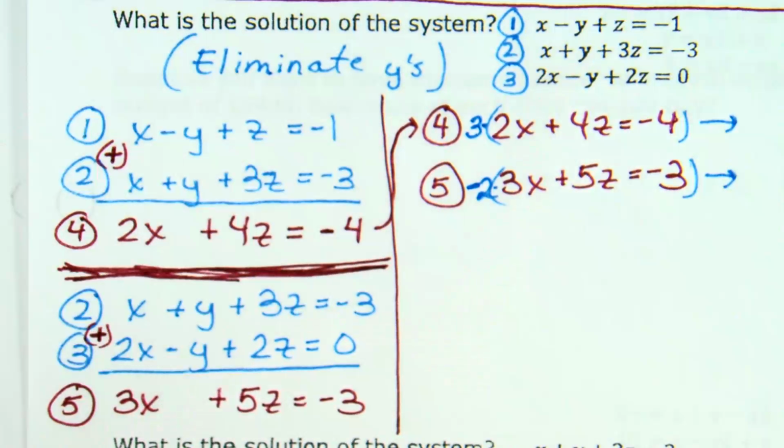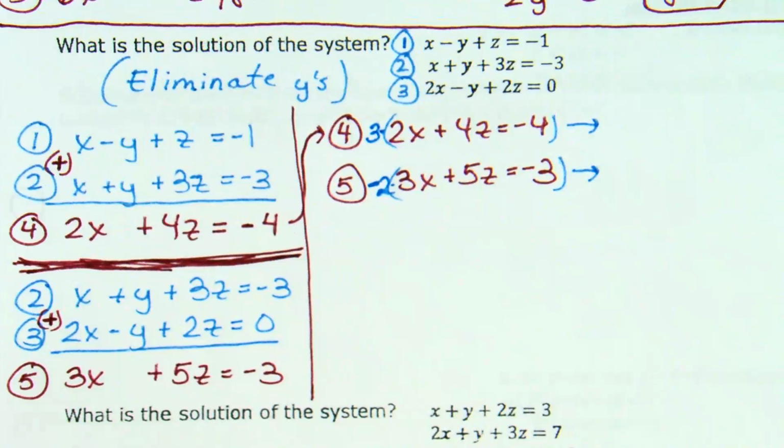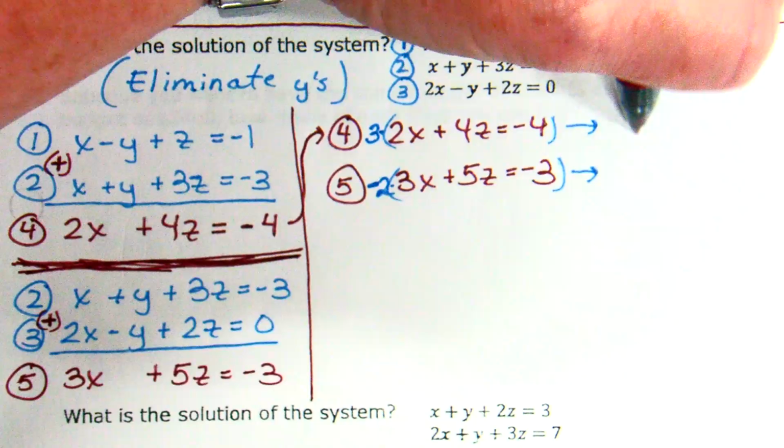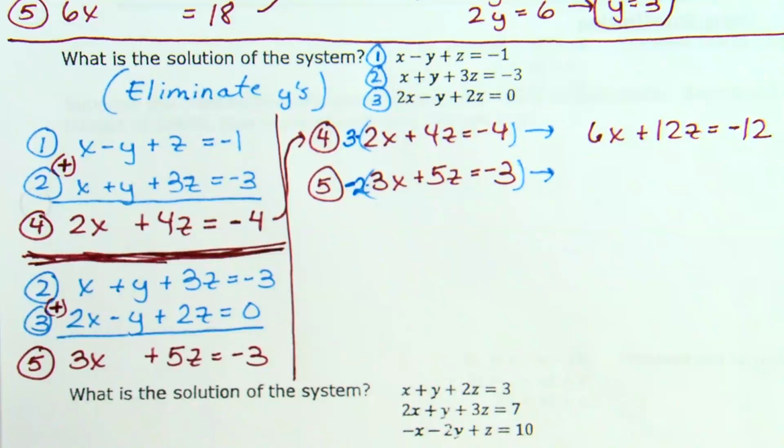Okay, excuse me. So when I multiply equation 4 by 3, so that top equation by 3, what is it now? Okay, I'm with that. When you multiply equation 4 by 3, we are at 6x plus 12z equals negative 12.